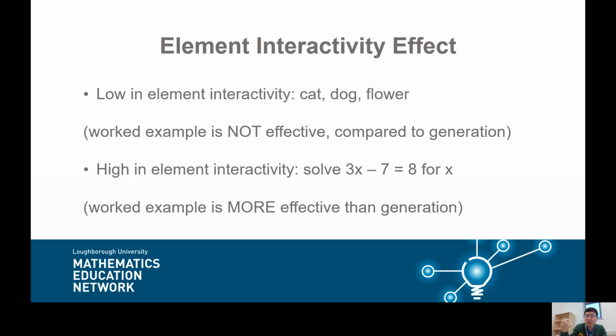Therefore, we suggest problem solving. However, for materials far more complex, like solving this equation, we definitely encourage using work examples, because using work examples for complex material is far more effective than generation or problem solving.